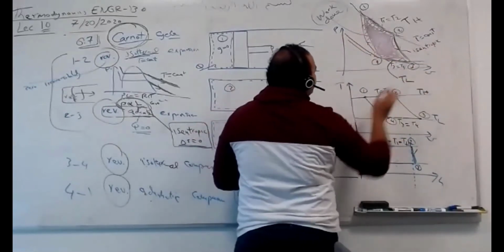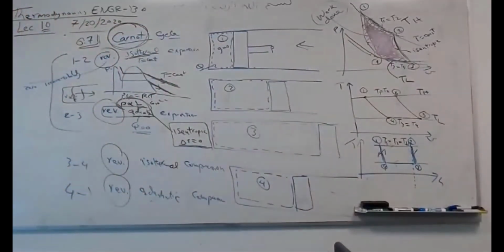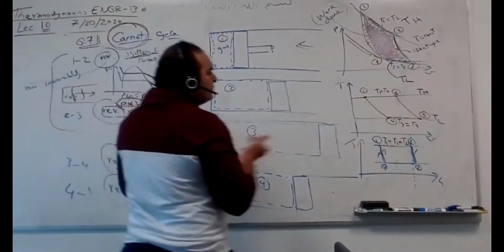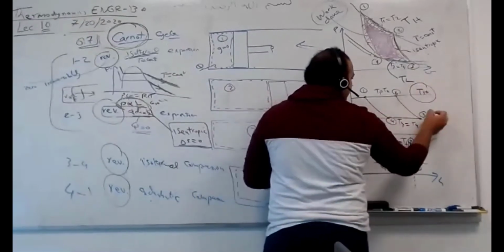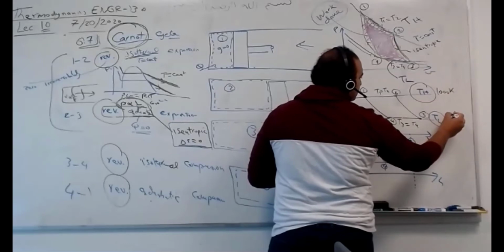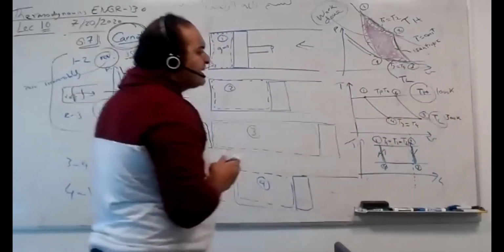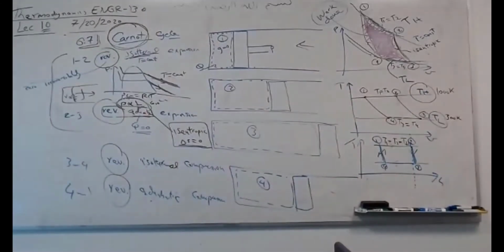While the lower temperature of the system is T3 equal T4 equal T low, TL. So we have two temperatures. Let's say 1000 Kelvin and let's say 300 Kelvin, for example. This is the maximum temperature and the minimum temperature of this system.